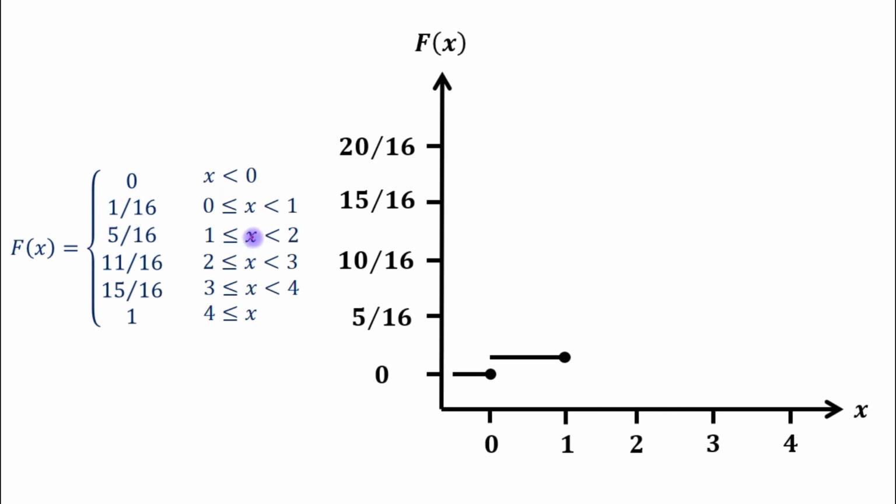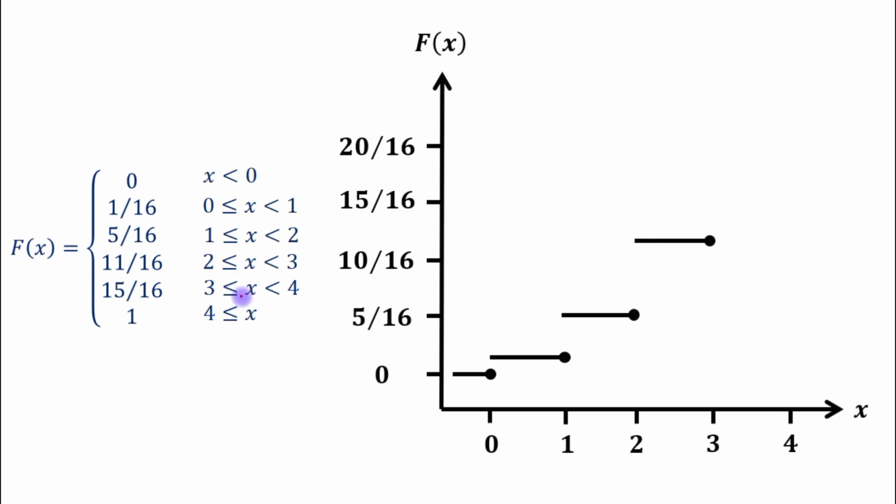Next one is when x is greater than or equal to 1 but less than 2, F(x) is 5 by 16. So we will start from 1 and end till 2, but 2 is not included. When x is greater than or equal to 2 but less than 3, F(x) is 11 by 16. We will start from 2 and till 3, but 3 is not included.